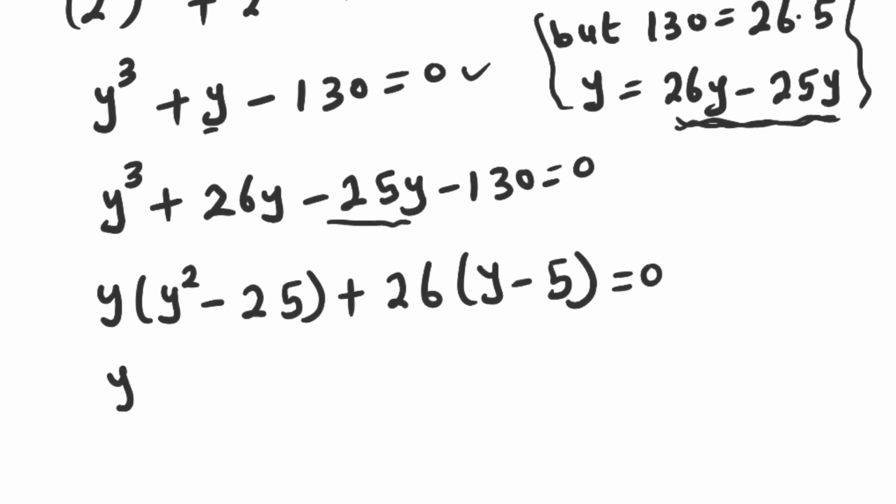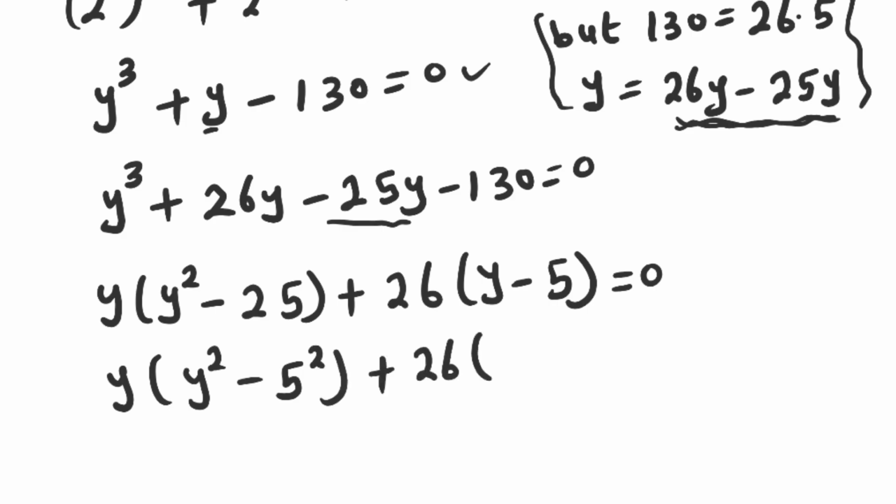Now we have y bracket y square minus 25, which can be written as 5 square, plus 26 bracket y minus 5 is equal to 0.